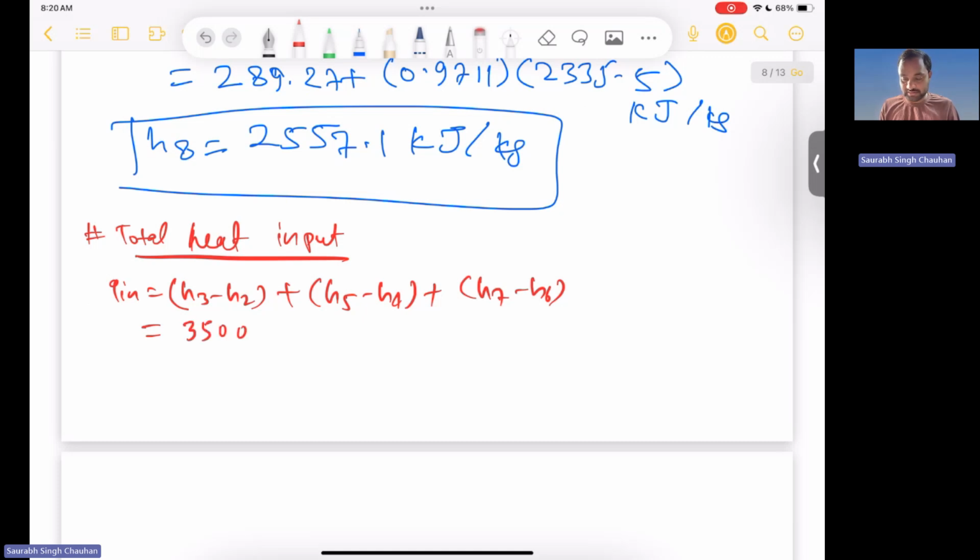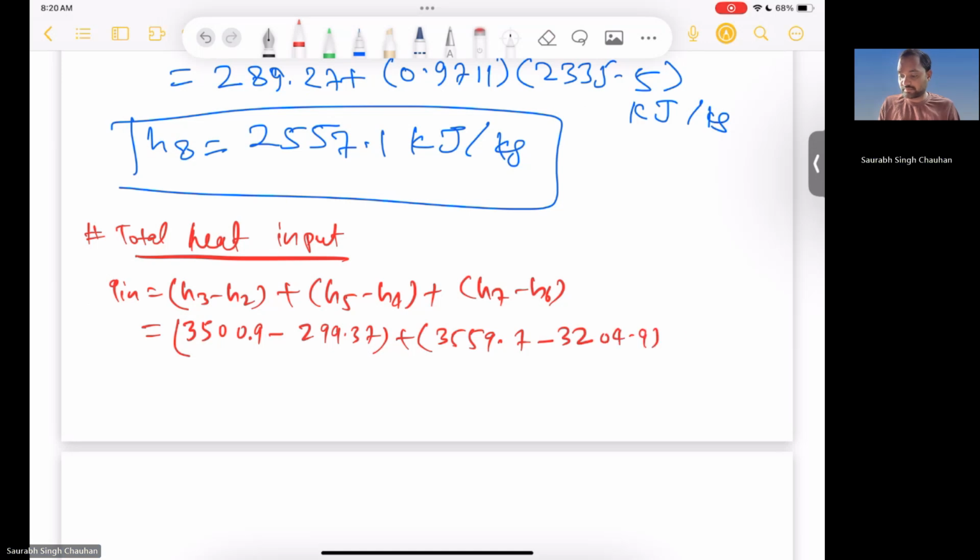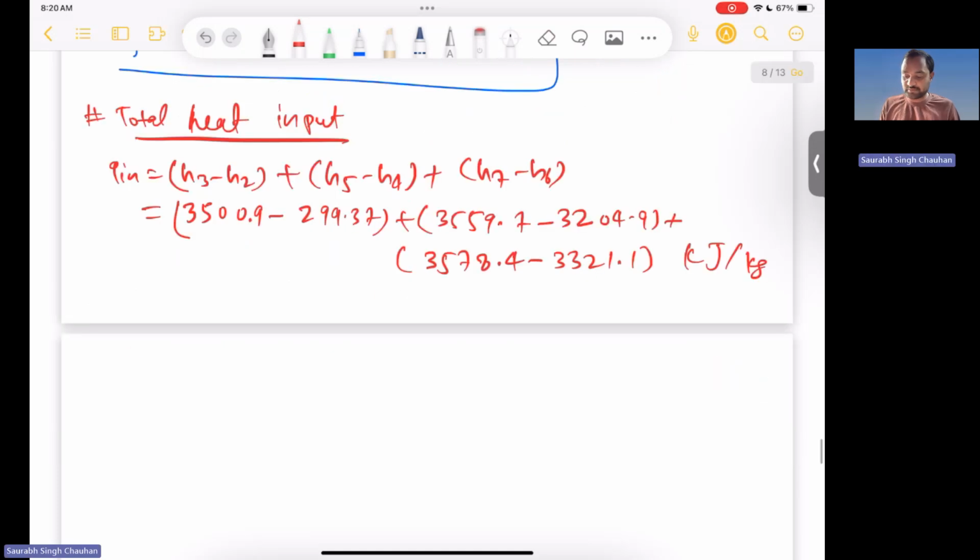So I'm just writing the values, nothing special. 3299.37 plus 3559.7 minus 3232 plus 3578.4 minus 3321.1 kilojoule per kg. If there is any mistake in these values, just let me know. Okay, so Qin you have 3813.7 kilojoule per kg.